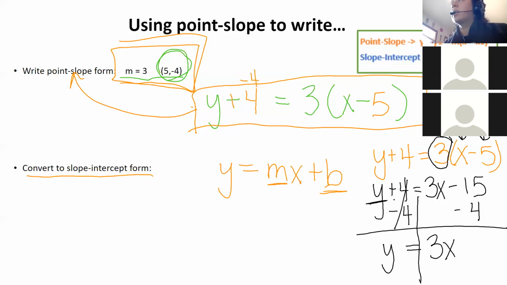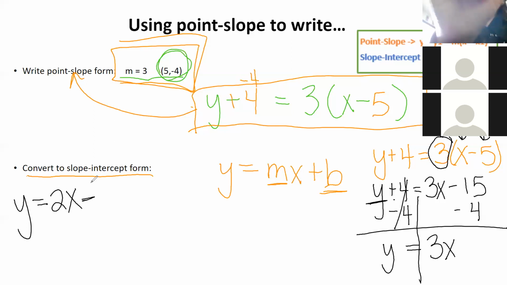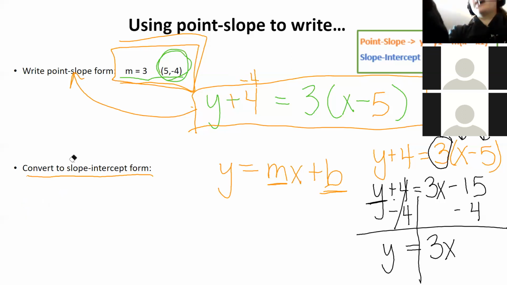What do you think? And I'll remind you guys, remember when we wrote our point slope formula or our slope intercept formula from the graph? Remember, if we had a negative here, that meant it was plotted in the negative y area. That's my big hint.